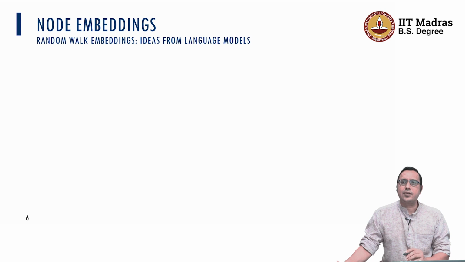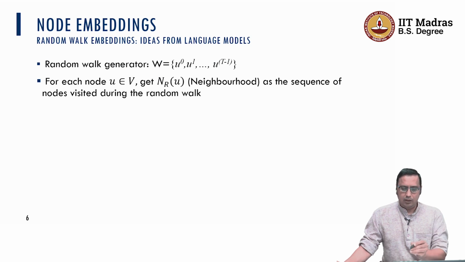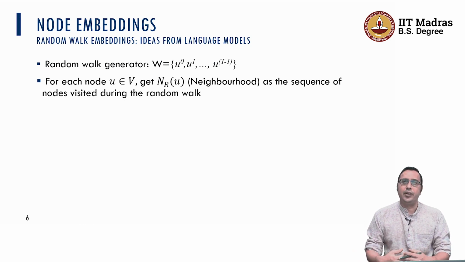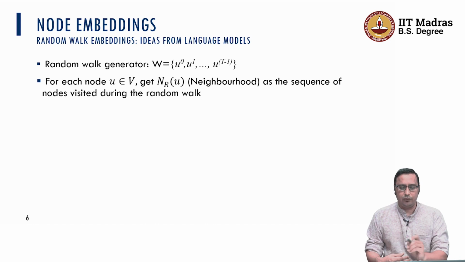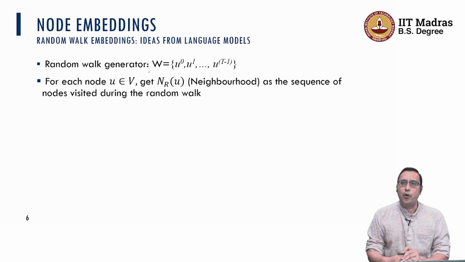Now the question is what we can do with the random walks we have. So now we know how to generate the random walks, and we have those walks in terms of sets of nodes visited, and sequences of nodes visited during each random walk.